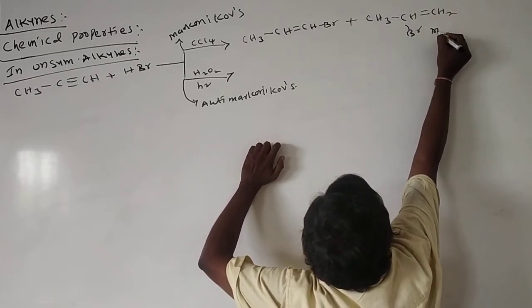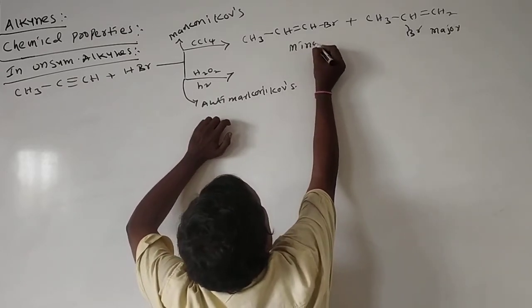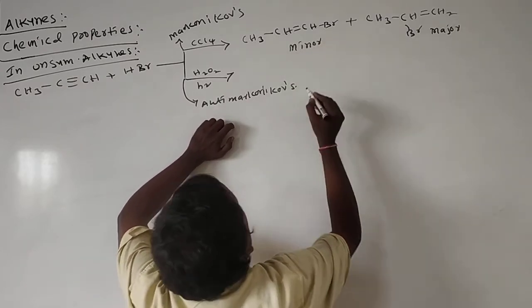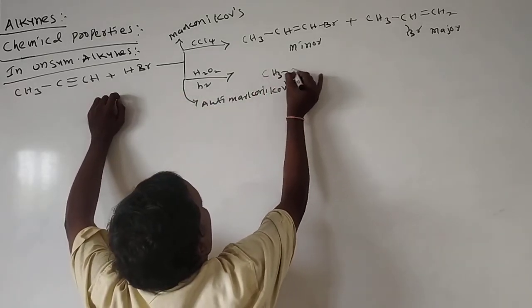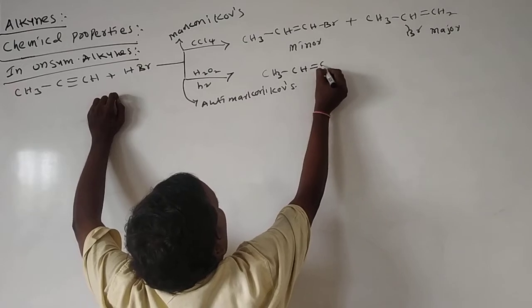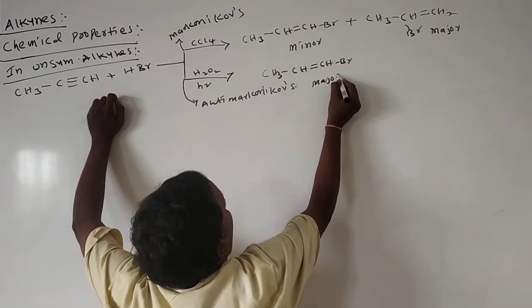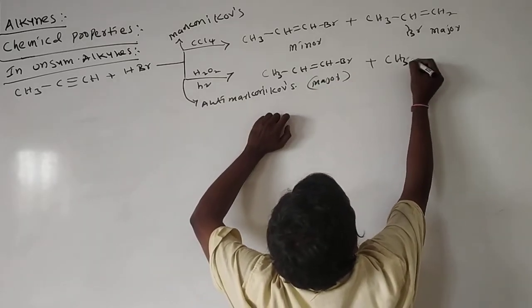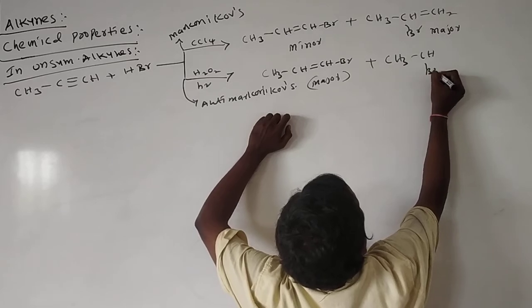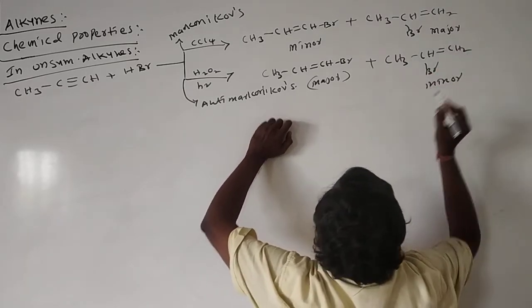The second is the major compound according to the Markovnikov rule, and the first is the minor compound. Here I am writing one more: CH3 CH double bond CHBr is the major compound according to the anti-Markovnikov rule, and CH3 CBr double bond CH2 is the minor compound.